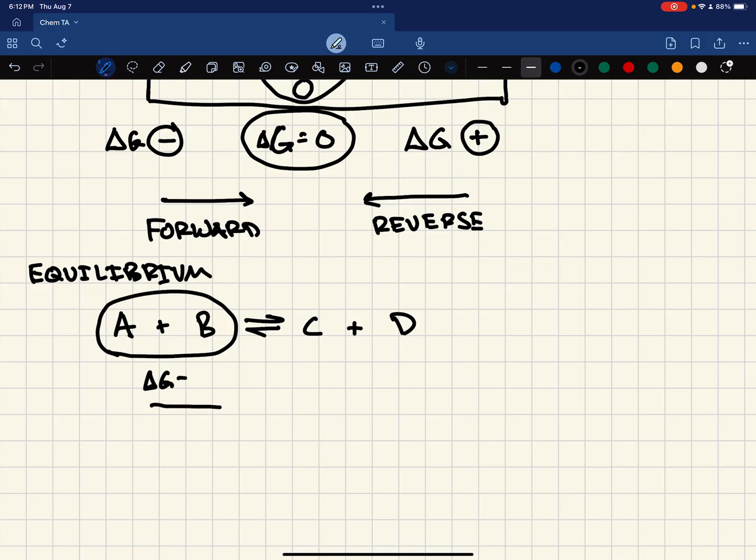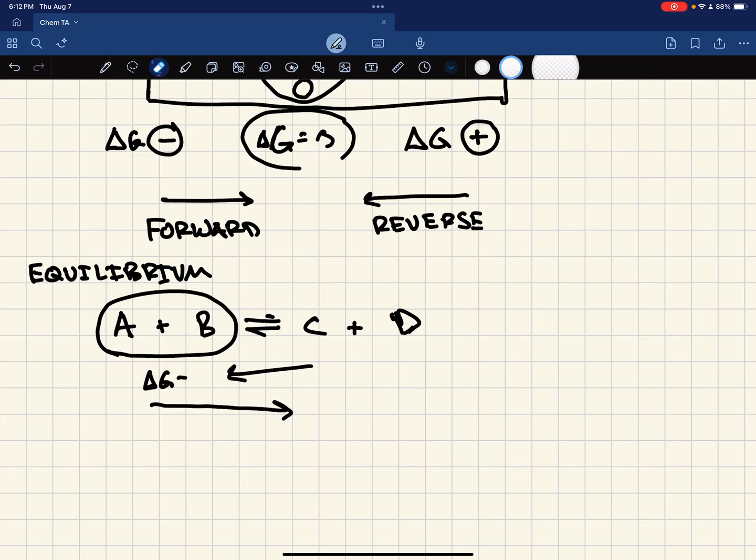It's going to start going this way, and it's going to start making C and D. Sorry, it's going to start making products, okay? Once it's made enough products, they're going to start doing the reverse reaction, because it just happens on its own naturally. But once they're happening at the same rate, it's equal, and they're both happening at the same time, and they're the same amount, okay?